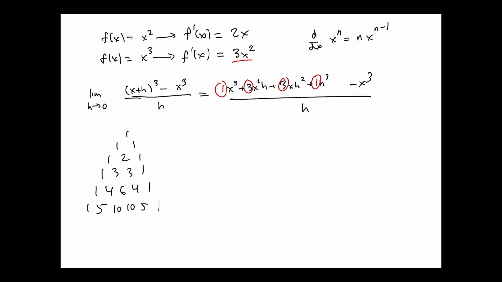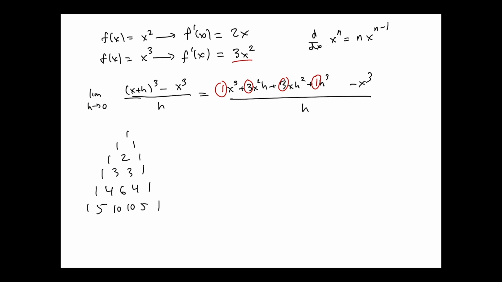So what this does is it gives you the coefficients of x plus y to the something, where the top row is that something being 0, then 1, then 2, then 3, and so on. If you raise x plus y to the 0, what do you get? Well, 1, because anything to the 0 is 1.